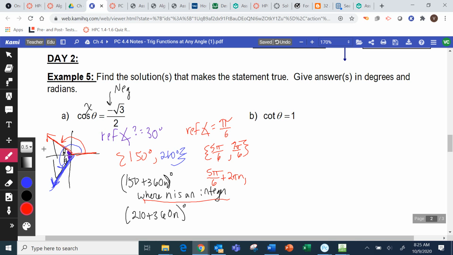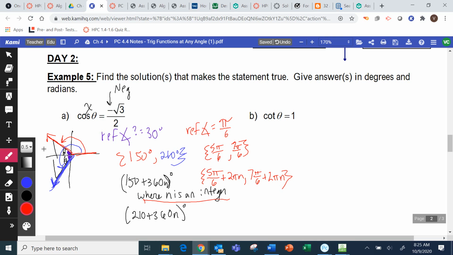I'm not writing that over and over again, but it's there. And we would have 7 pi over 6 plus 2 pi n, where n is an integer. You just need to specify that it's an integer because otherwise it could be any number, and that's not exactly it.